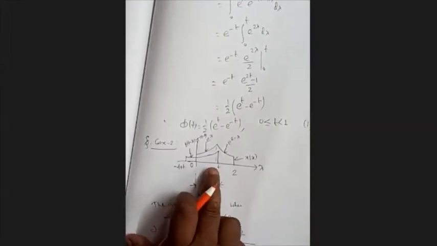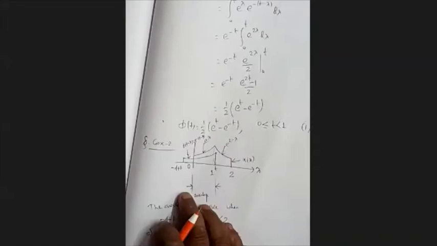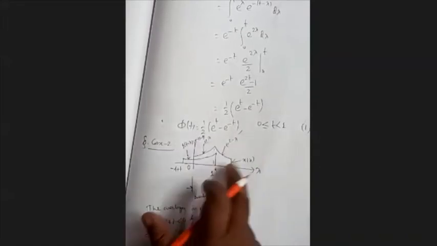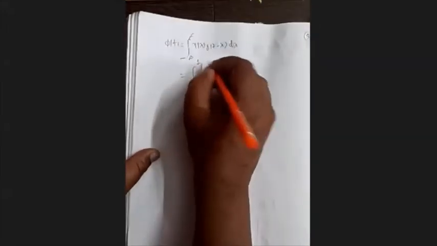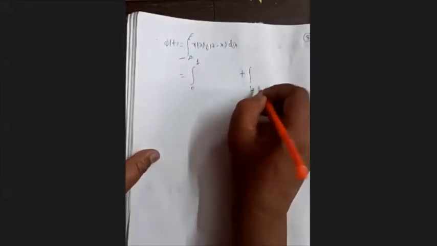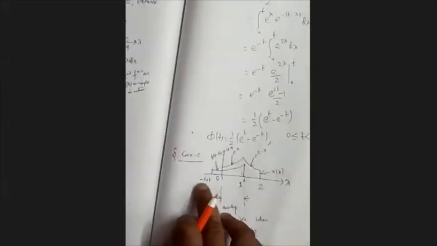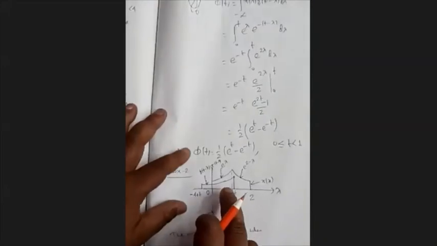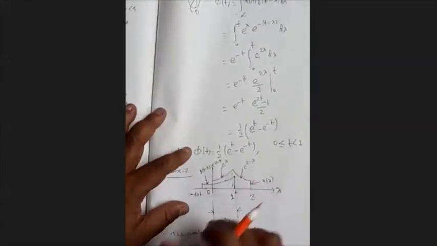But between 0 to 1, one function of x, and 1 to t, another function of x. So one integration will be between 0 to 1 with one function, and then 1 to t with another function of x.